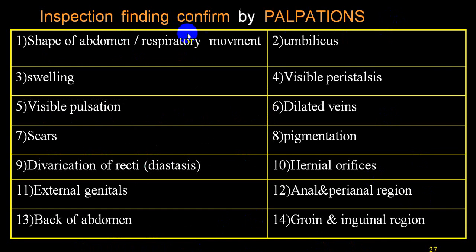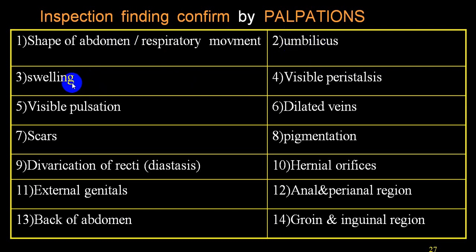All findings of inspection can be confirmed by palpation, like the shape of the abdomen. By doing measurements, you can identify the shape of the abdomen also. Look for respiratory movement, position of umbilicus, that is the distance from the xiphisternum to the umbilicus and from the umbilicus to the pubic symphysis, whether it is pushed down or pushed up.